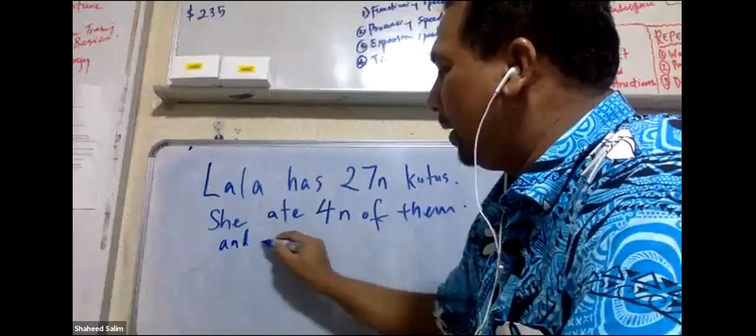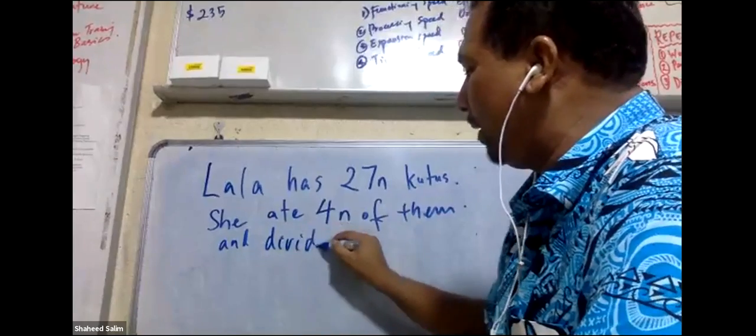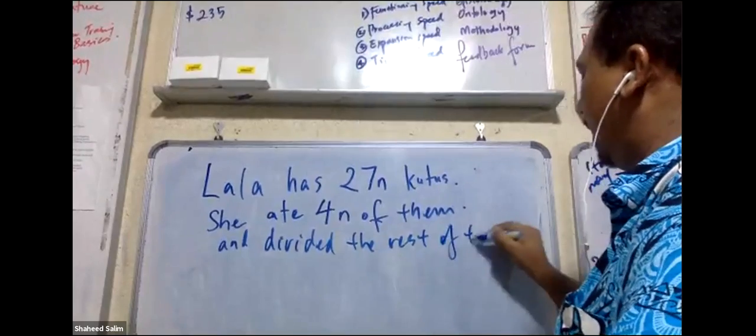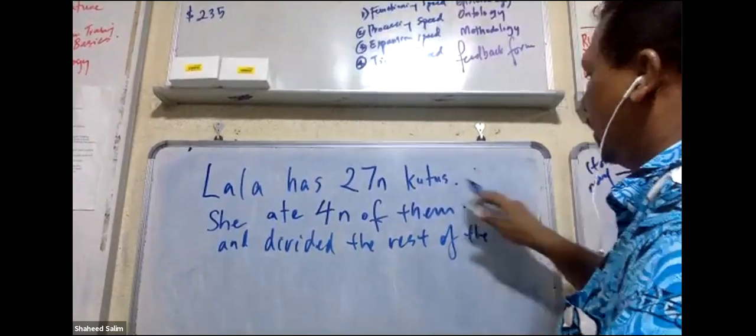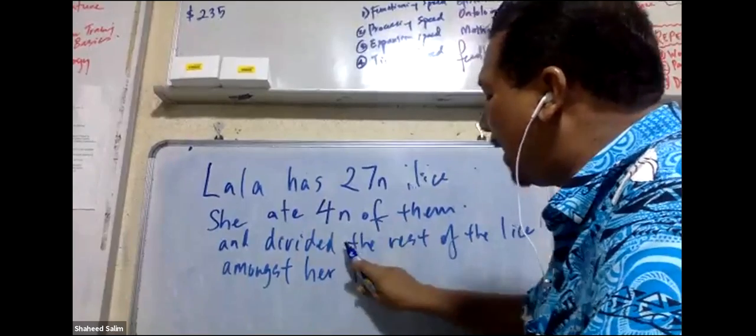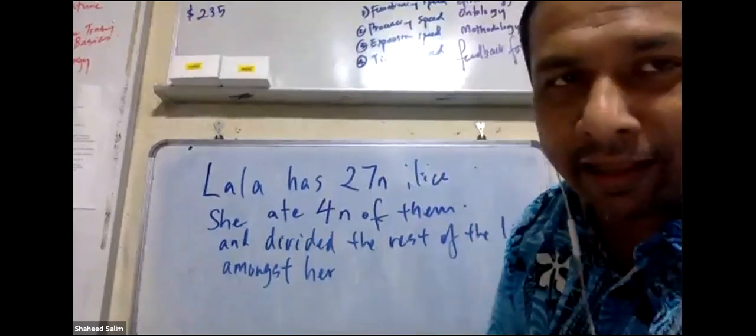4 of them, and divided the rest of the kutus, the lice, amongst her siblings. Now, this means that Lala is an orangutan lah.